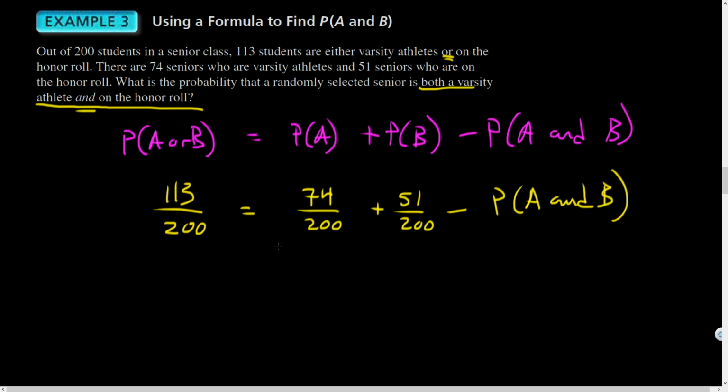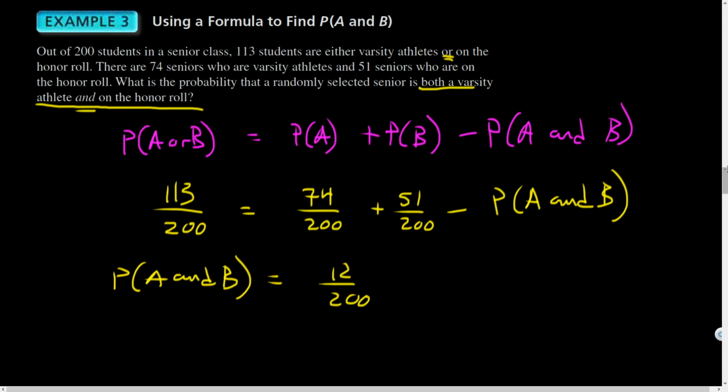I think I would end up, if I subtract this from both sides, I'd get negative P of A and B, so I would just opposite both. But after rearranging everything, I would get P of A and B. So 113 take away 74, take away 51, and then opposite it, I get 12/200.